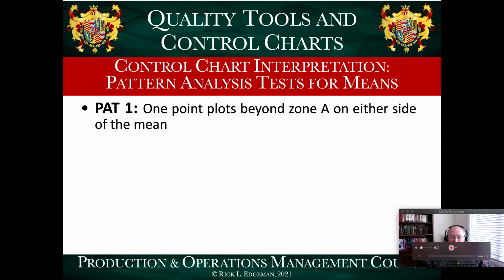On the other hand, if you see that pattern, it is almost certain that something has changed in the historic behavior of the process. It may even be because of something you intentionally introduced into the process. There is a 99% to 99.9% chance that that's what you're picking up on.